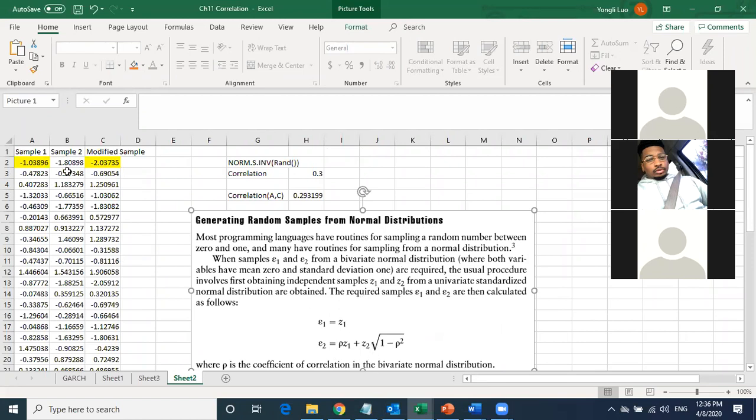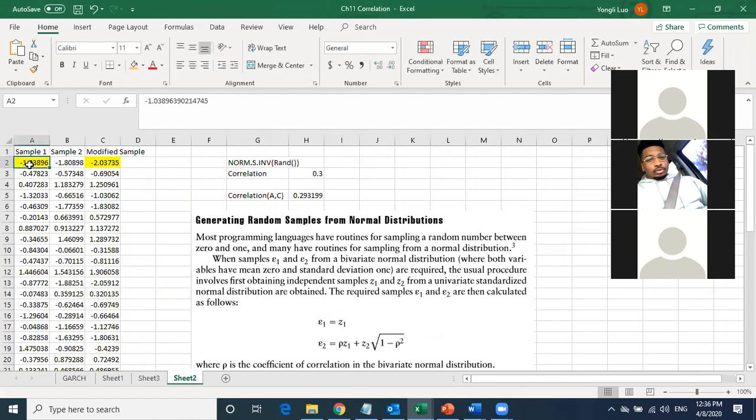First you generate a random sample. This formula is called NORM.S.INV(RAND()). So you type in this formula right here, and you will generate a random number.